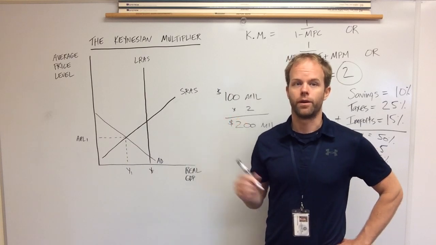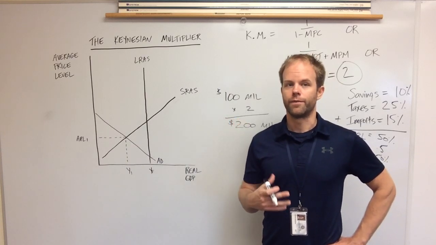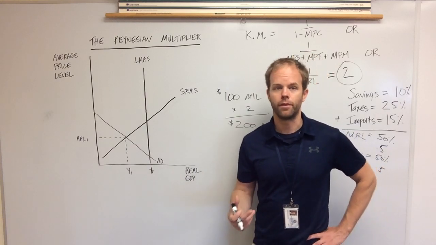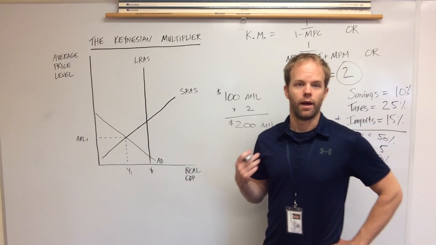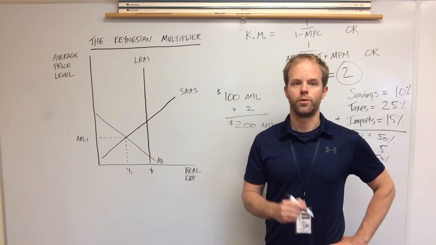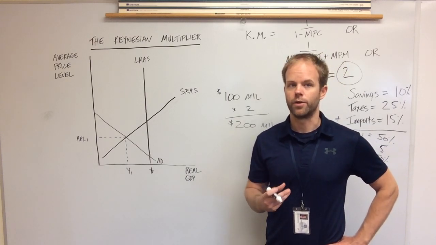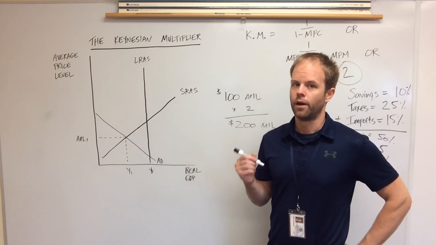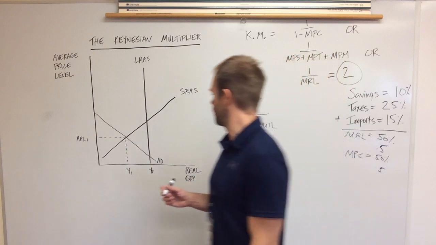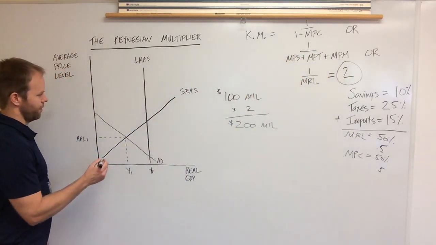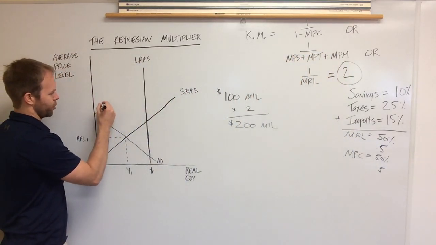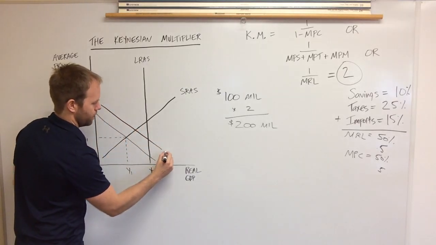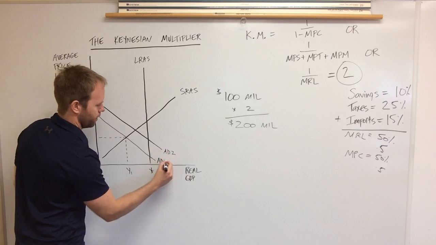In order to spend that $100 million, the government would have to go out and buy raw materials from businesses. They'd have to go buy some capital. They'd have to hire some workers. And those businesses and those consumers, once they get that increase in income, will go respend that money. So we're first going to show an increase of 100 million in aggregate demand, and this is totally made up by just the increase in government spending.